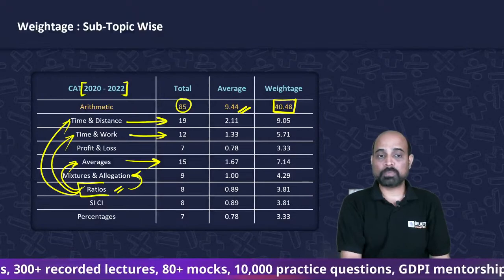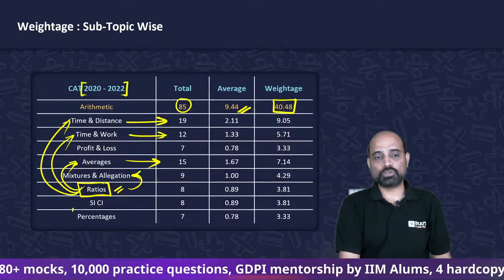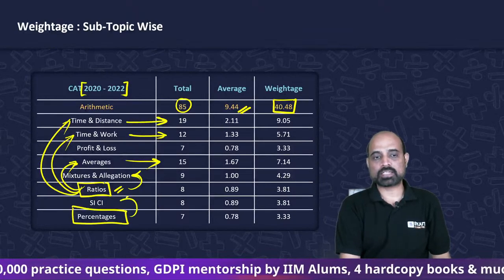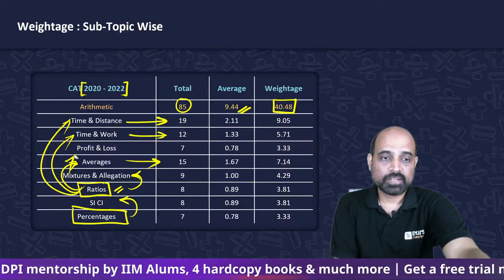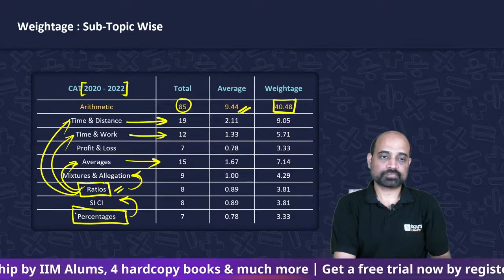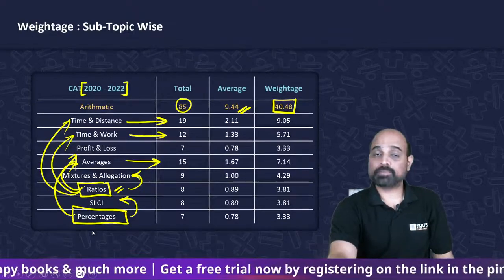So ratios form the basics of all these topics. And if you don't know how to solve basic questions on percentage, how will you do SICI? How will you do profit, loss and discount? Right?